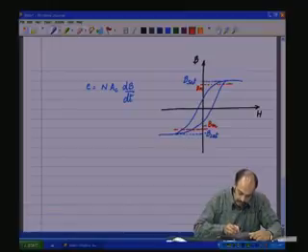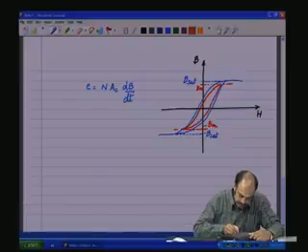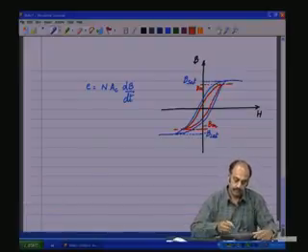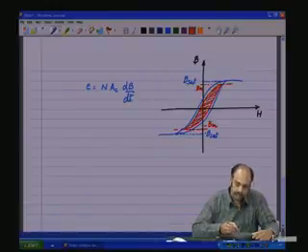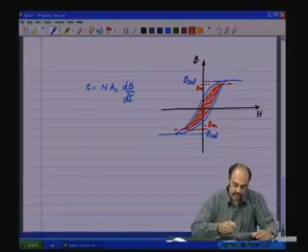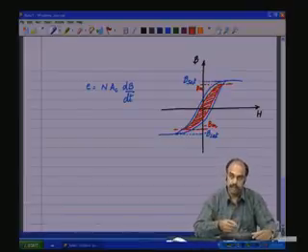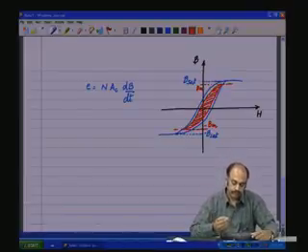So, the whole swing of the BH loop is like that. That will be the BH loop traversed if the flux within the core swings from minus Bm to plus Bm to minus Bm, and so on.